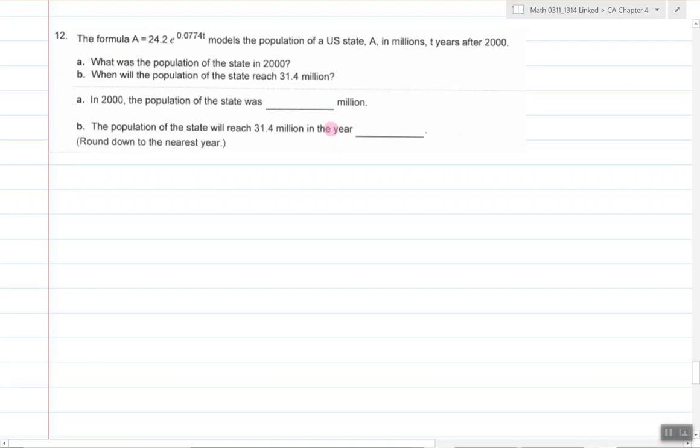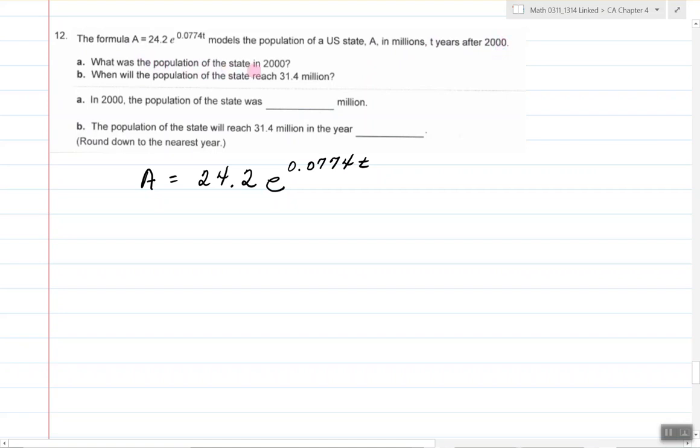Number 12. I have a formula. So now I've got an application problem. It says A equals 24.2 e to the 0.0774 t models the population of a U.S. state A, so this is the population of some state, in millions t years after 2000.